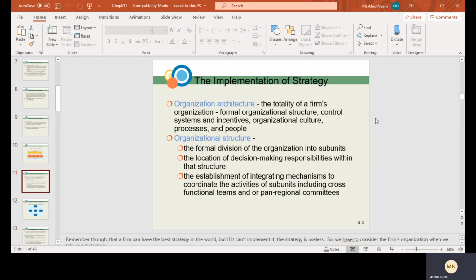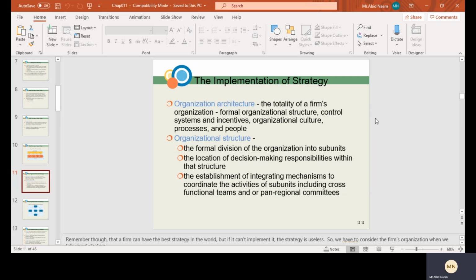The location of decision-making responsibilities within that structure: department-wise, you have to nominate certain departmental heads, and it's their responsibility to manage the daily operations of their respective departments, which should be aligned with the overall organizational objective.